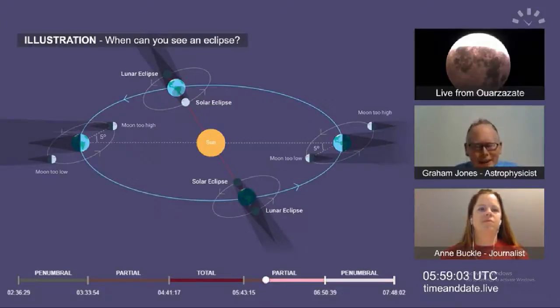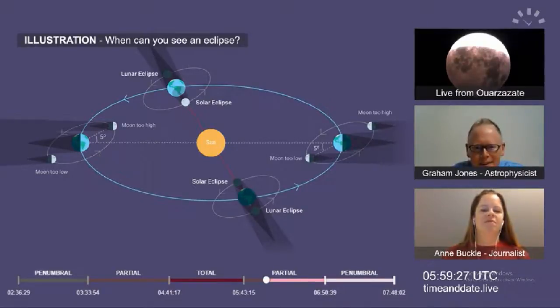And if we take a look at the Earth at the bottom of the screen there, just this side of the Earth, we can see a moon that is passing through the Earth's dark umbral shadow on the other side of the Earth. Right, and this is the situation we had tonight.